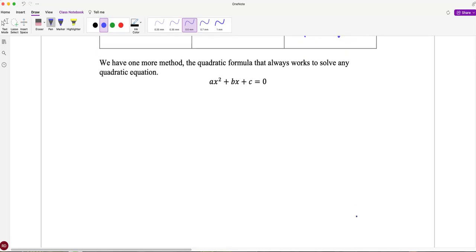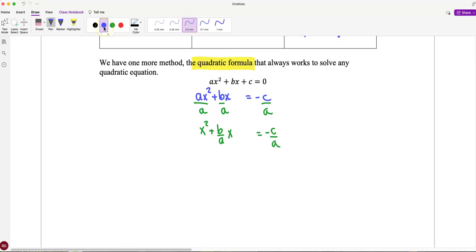The last method we need to talk about is the quadratic formula, okay? So if we look at this, this is our quadratic equation. I can write this as ax squared plus bx equals negative c. Now I can divide both sides by a. What that gives me is x squared plus b over a x equals negative c over a.